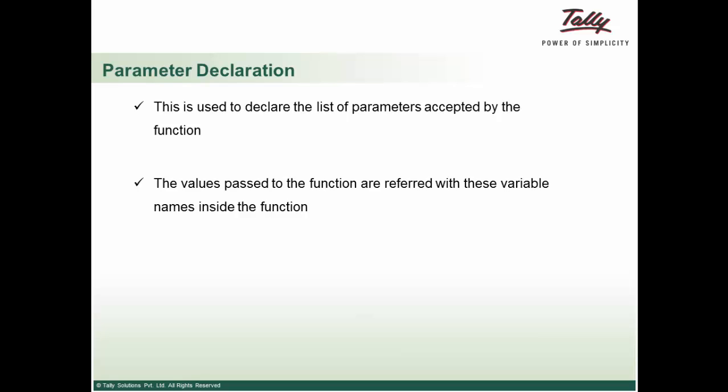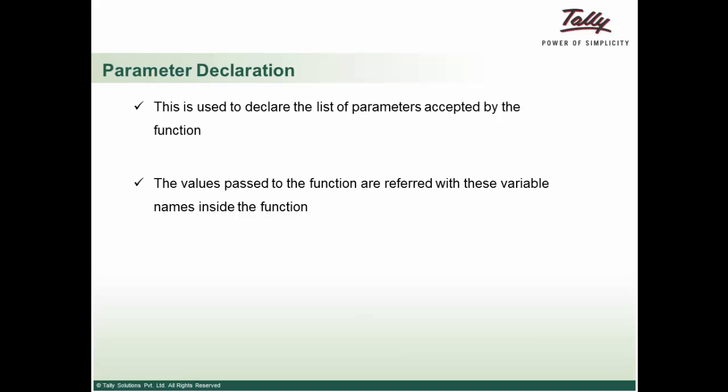The parameter declaration is used to declare the list of parameters that have to be accepted from the user. These values are passed to the functions and referred to as variables within the function.